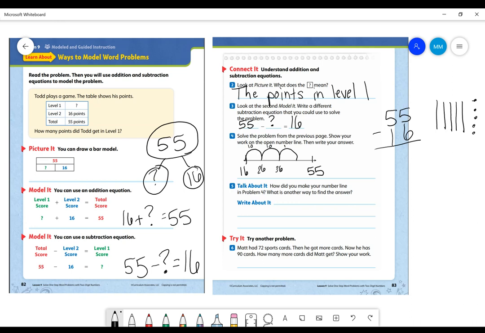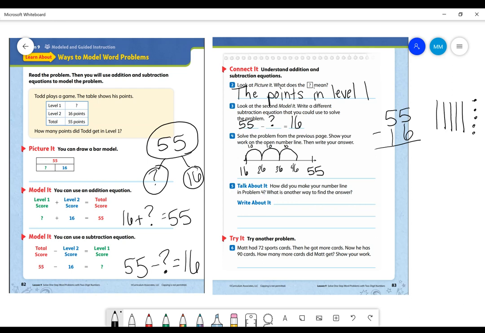So plus another 10 is 46. Okay, so I can't add 10 more because that would be what? It would be 56. But what I can do is start at 46 and count on to get to 55. 46, 47, 48, 49, 50, 51, 52, 53, 54, 55.